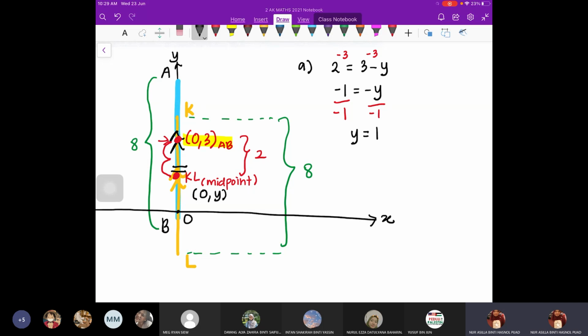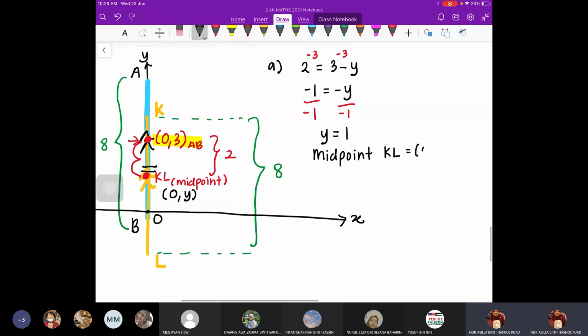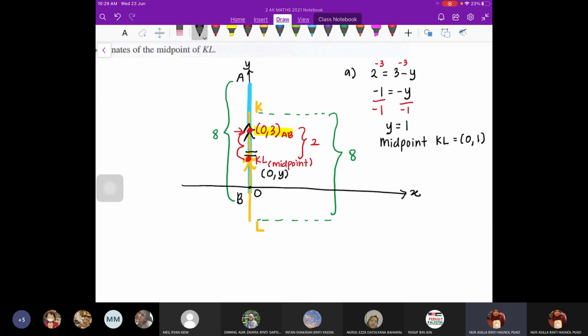Jadi coordinate of midpoint KL okay, adalah 0, 1. Okay, so kat sini, saya nak tulis mana tak tahu. Macam padam.